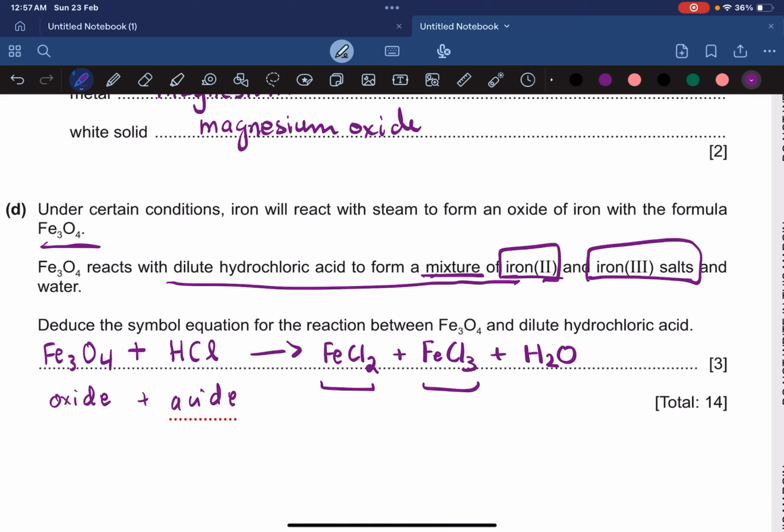Okay, balancing is just hit and trial. Look at it, try to figure it out. Try it on your notebooks. Write the equation and try it. It's going to occur slowly.